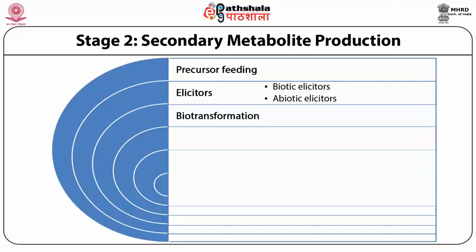Biotransformation is a process by which an exogenously added compound is transformed to a high-value product by the cultured cells. We know that plant cell cultures and enzymes have the potential to transform inexpensive and plentiful substances such as industrial products into rare and expensive products. So these produce metabolites which are very novel, which are not normally produced in the cell lines.